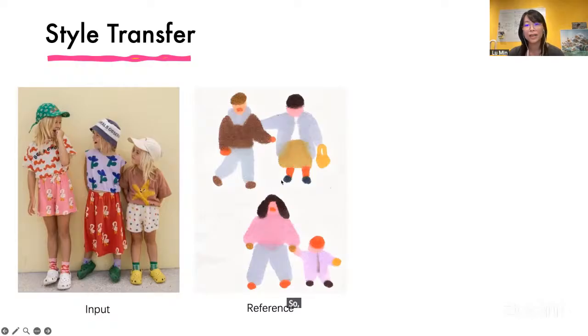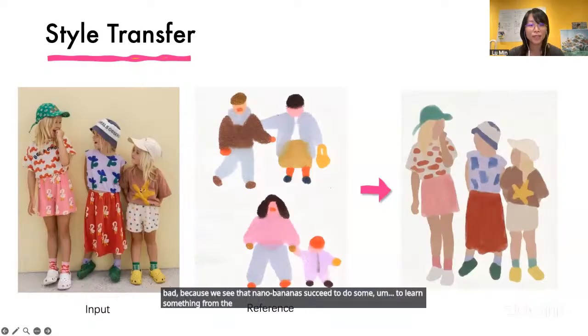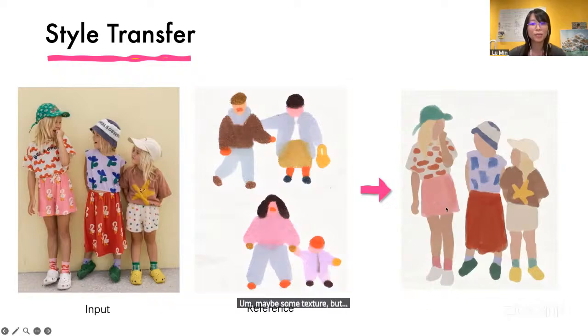I want Nano Banana to generate this image in this style, and this is what it returns to me. Actually, it's not bad because we see that Nano Banana succeeded in learning something from the reference, say the color, maybe some texture, but we would say that it's not really style aligned with the reference.